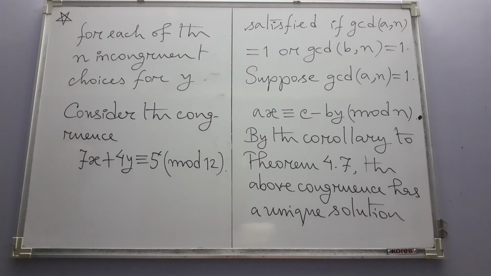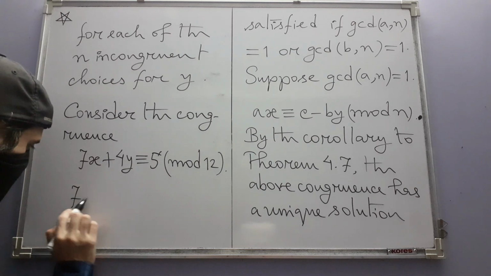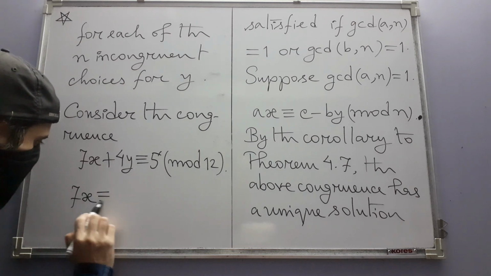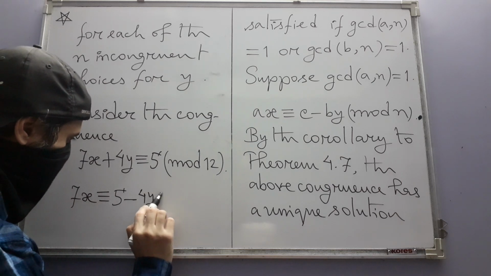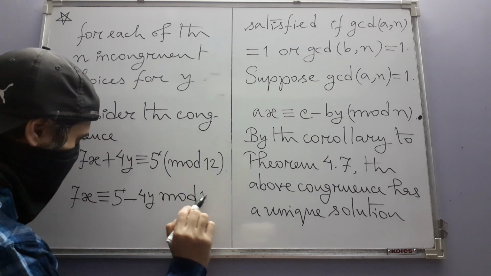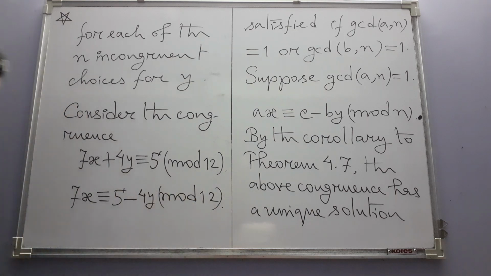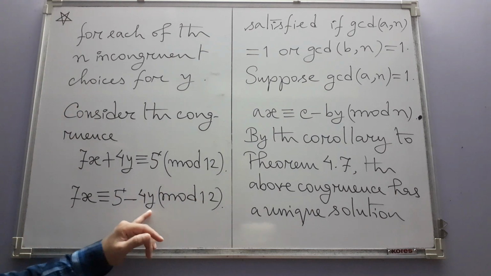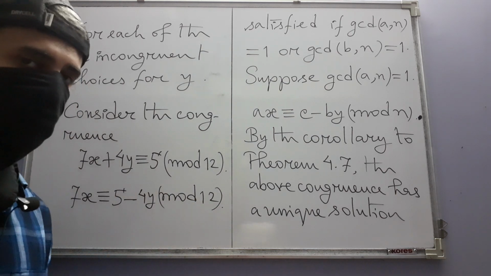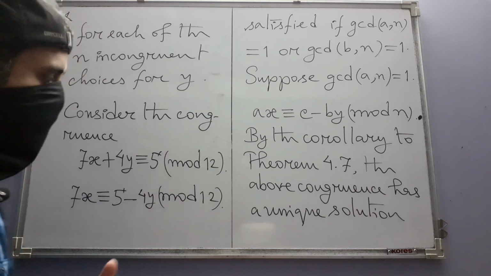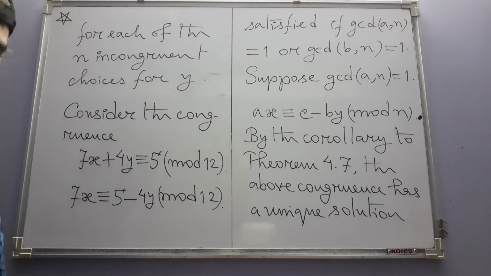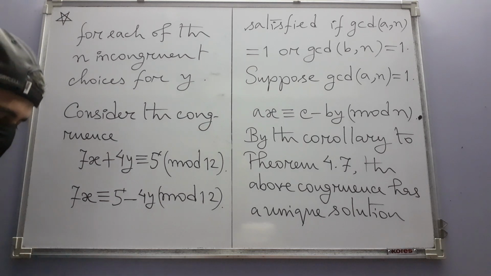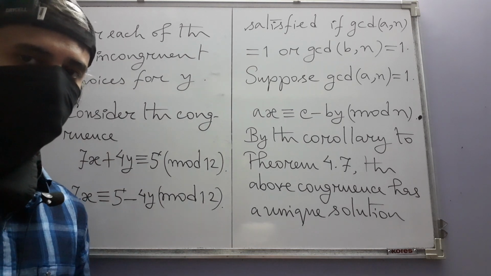If we express this congruence in that form, then it will look like this: 7x congruent to 5 minus 4y mod 12. Now we can choose any of the possible 12 values of y, and the corresponding value of x can then be found. The author has made the choice y congruent to 5 modulo 12.